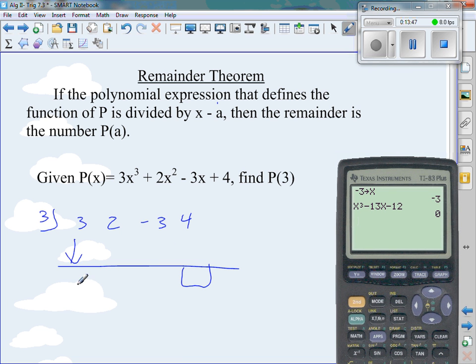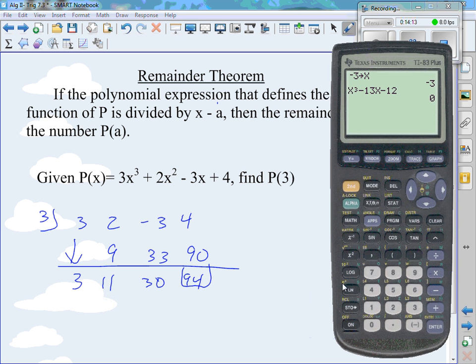Bring this down, 3. 3 times 3 is 9. 2 and 9 is 11. 3 times 11 is 33. I get 30. 3 times 30 is 90. 4 plus 90, 94. So I have a remainder of 94.